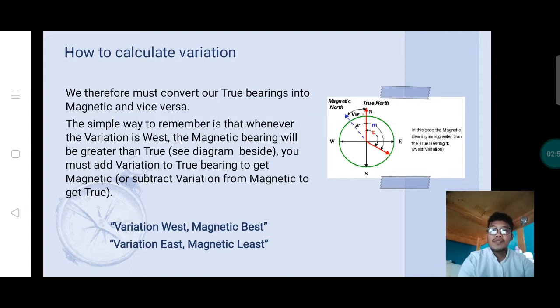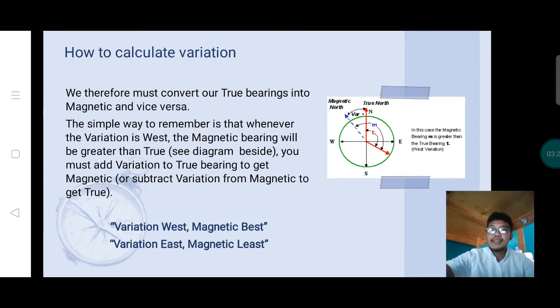So we need to keep this in mind: when the variation is west, magnetic is best. So the magnetic is greater than the true north. However, when the variation is east, magnetic is least. So the true north is greater than the magnetic north.